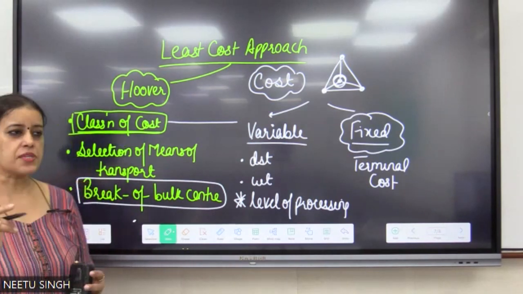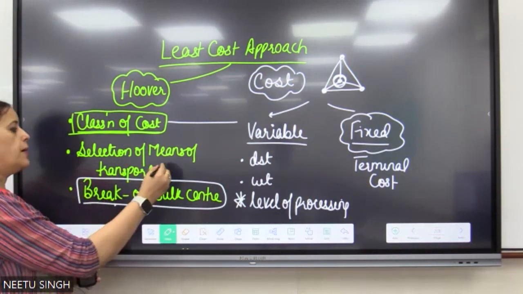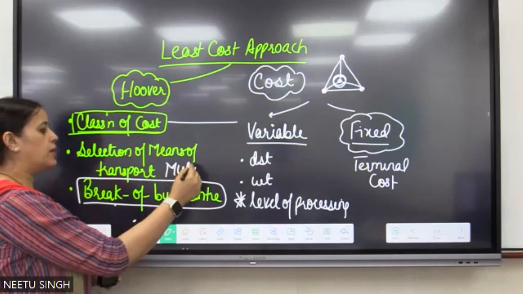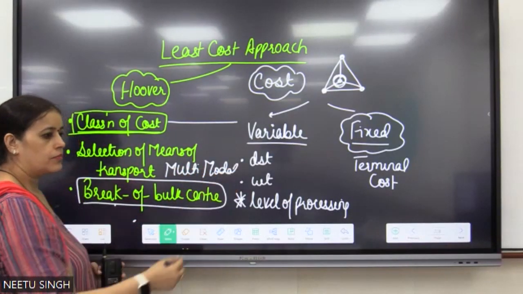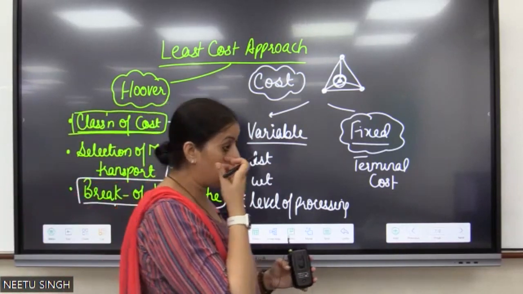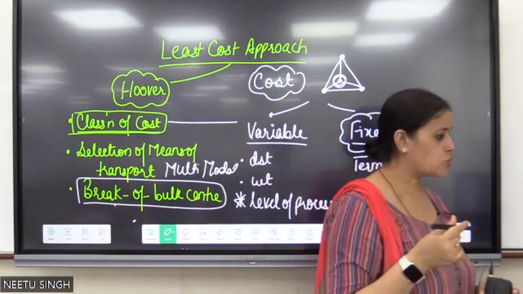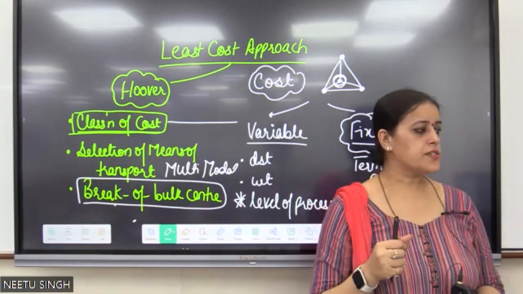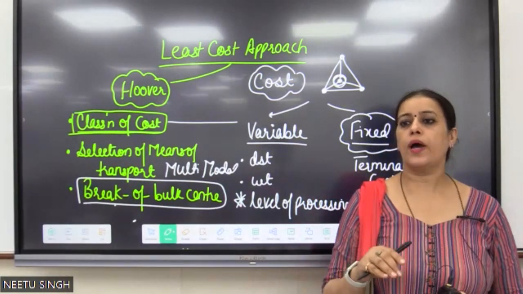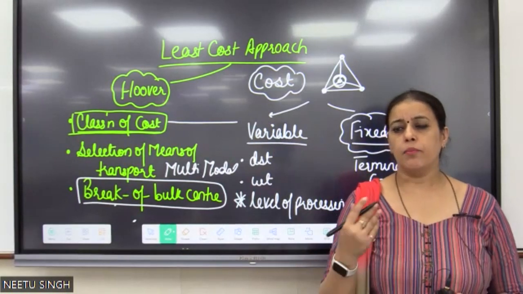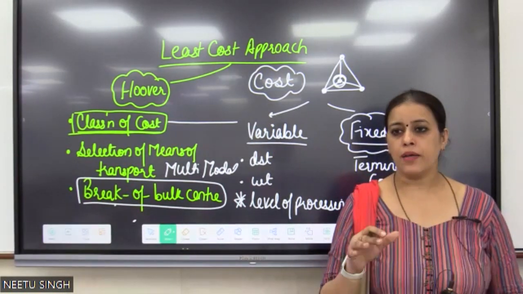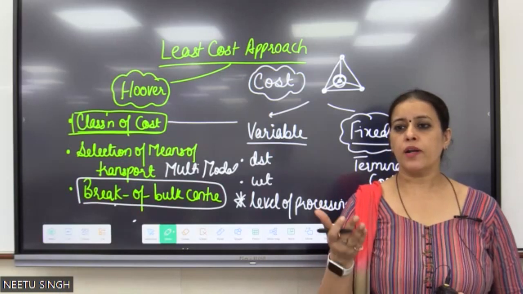But he gives recognition to the fact that if multimodal transport is to be utilized, then there is a mandatory requirement of a terminal called break of bulk. In my example, Mumbai will be the break of bulk center.